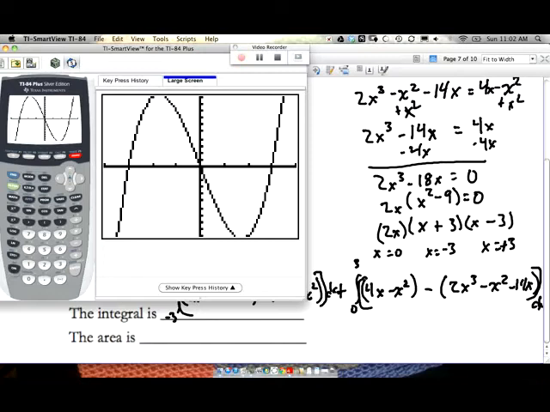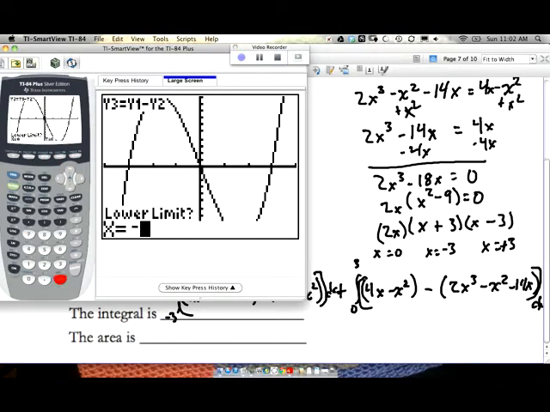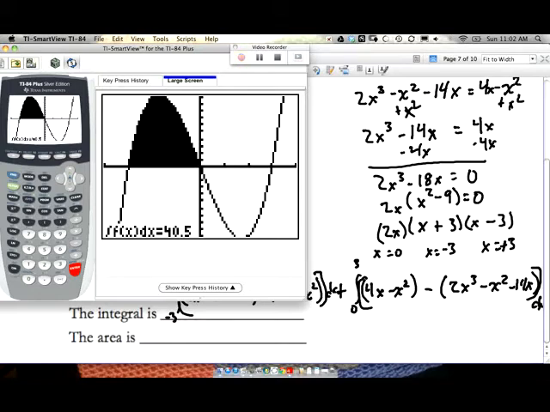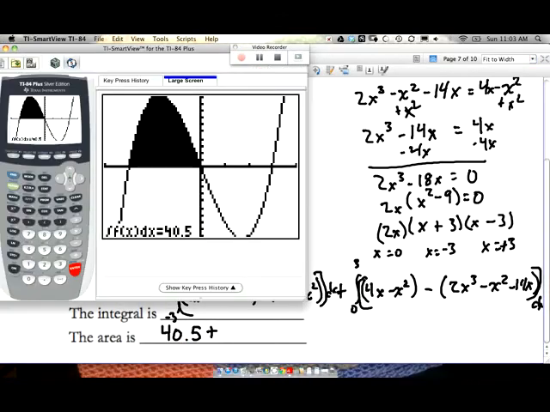Let's see what happens. So I'm going to do second, calculate the area, number 7, and this first one's from -3 to 0. And we get 40.5. Now I have a suspicion that the other one is actually going to be equal. So let's see what happens with that. Then we'll show you some shortcuts.